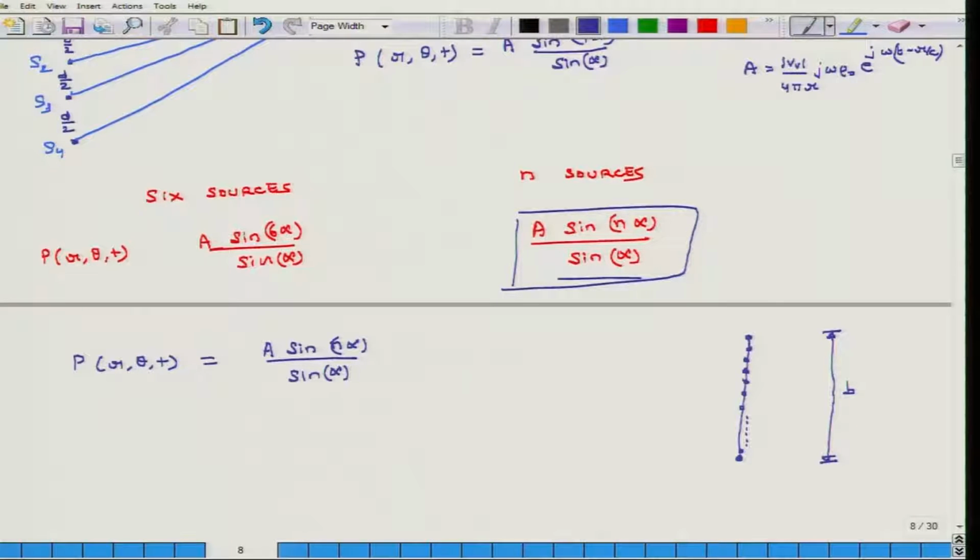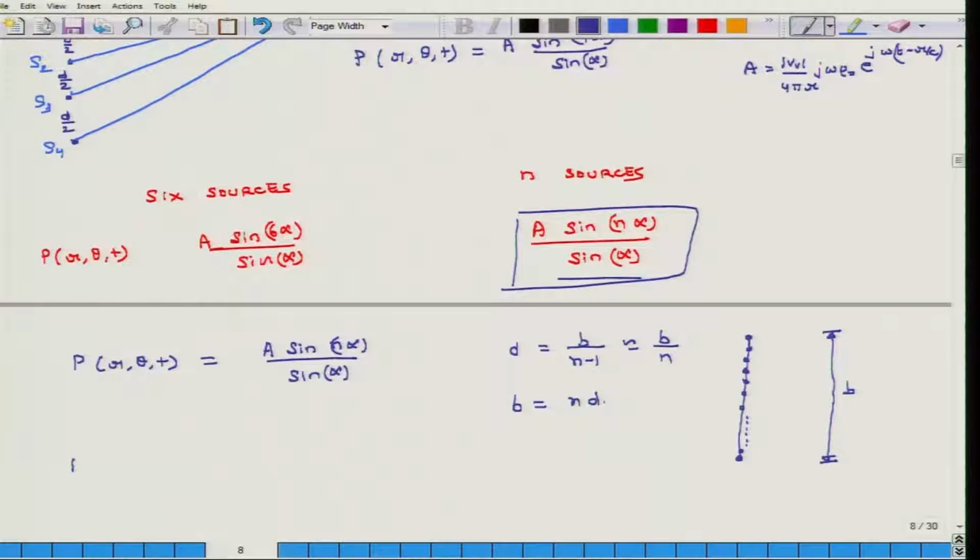If n is extremely large, then d is equal to b over n minus 1, where n is the number of sources, and this can also be approximated as b over n. So, d is b over n, and I can write b equals n times d.